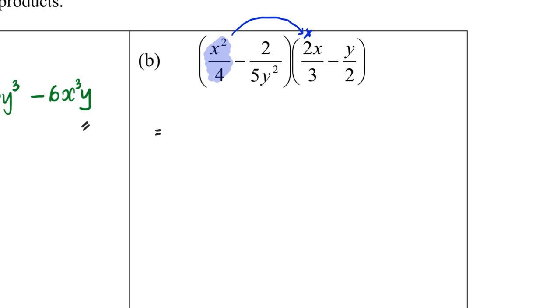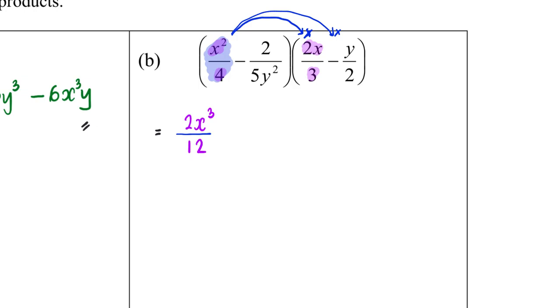So in this case, x squared multiplied by 2x will give me 2x cubed over 4 multiplied by 3, 12.